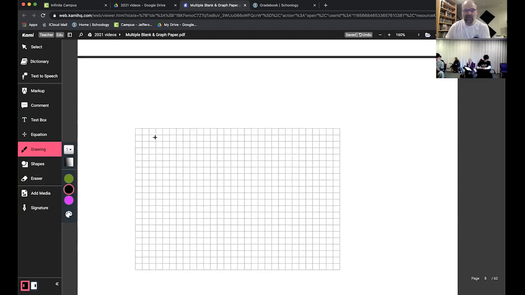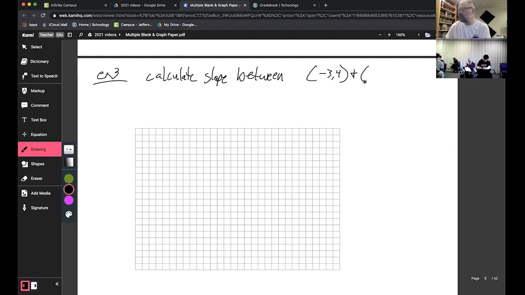So this is example 3, and I want to calculate slope between -3, 4 and 5, -2. Ooh, that was bad there.